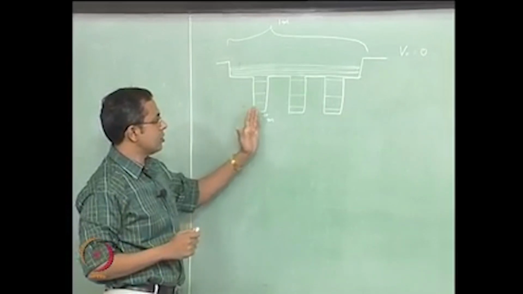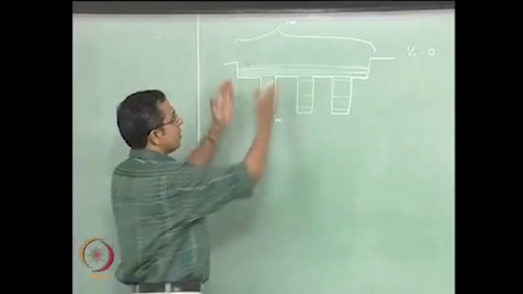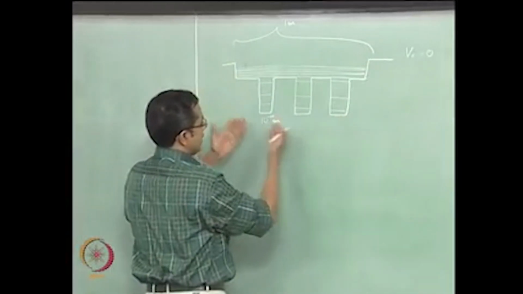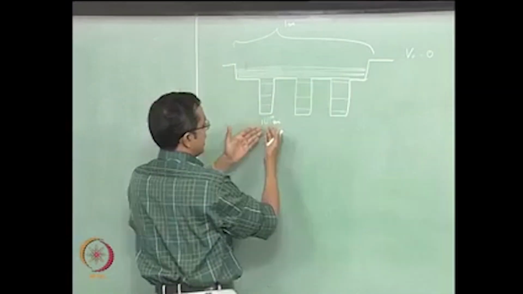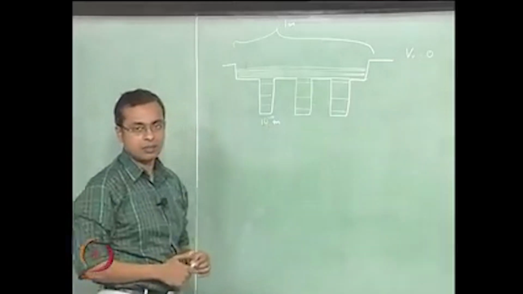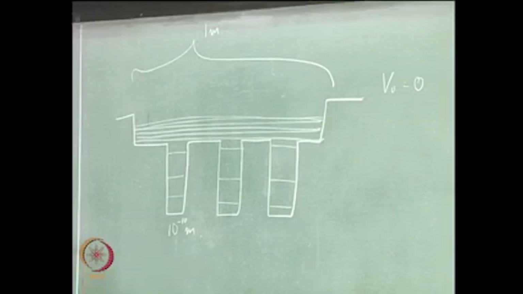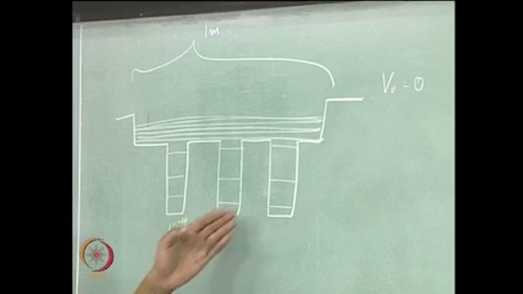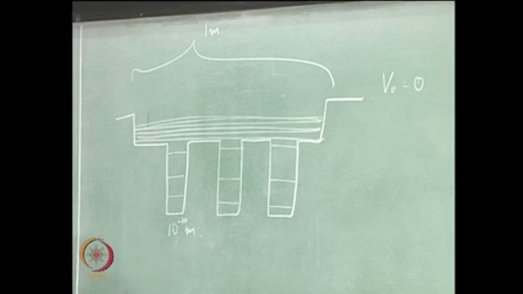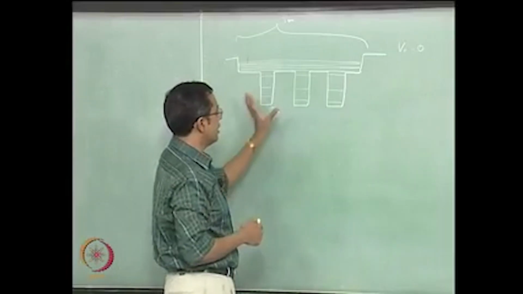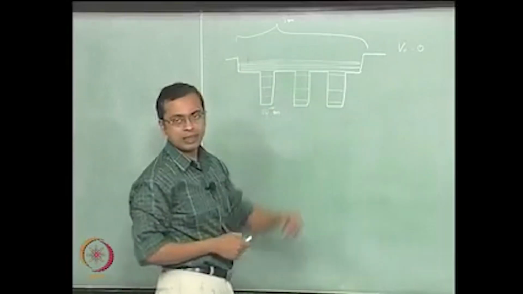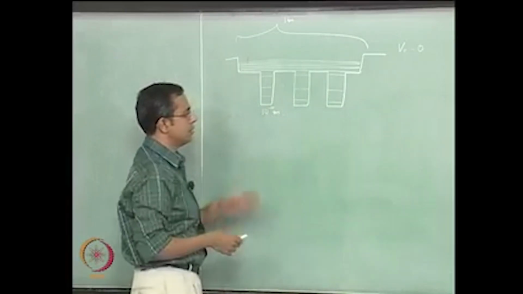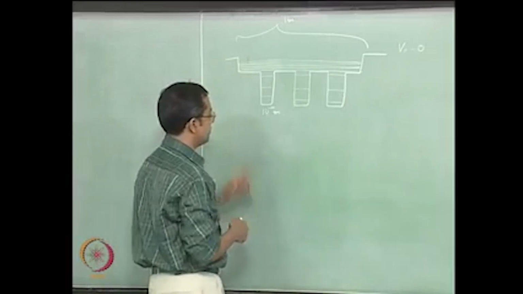And in 1 meter, since this is only a schematic, as you can imagine, you can have 10 power 10 such atomic cores, so to speak, or maybe half as many if you are assuming the gaps are roughly similar. So, I have just drawn 3 here, so obviously this is just a schematic. It is not that there are only 3 atoms in this 1 meter length. Okay. So, there is a huge number of atoms, this is for schematic purposes.